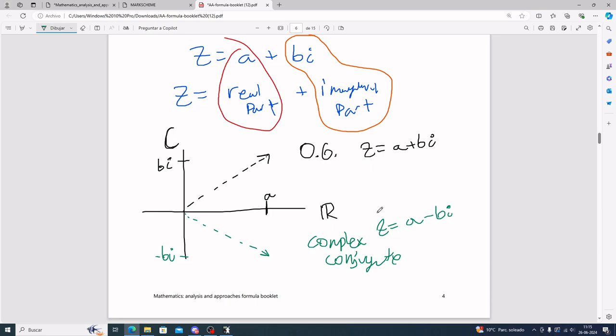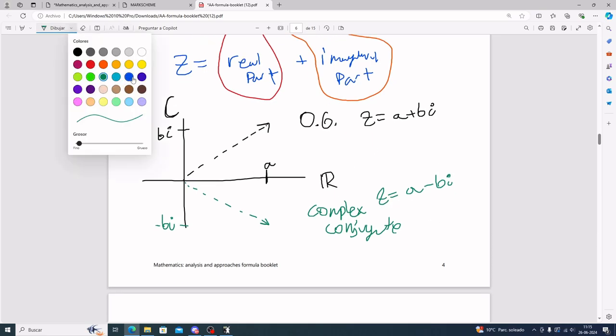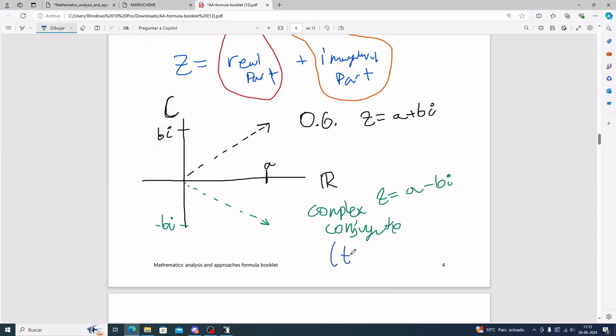So the complex conjugate, you can think about it or memorize it however you want, as the imaginary part times -1. If the OG was a plus bi, then the complex conjugate is a minus bi.